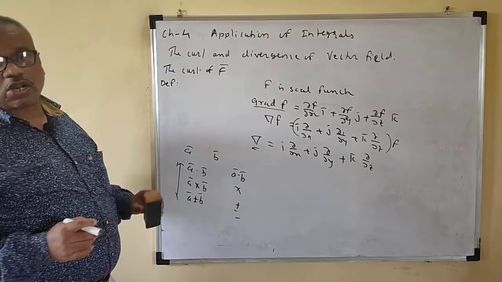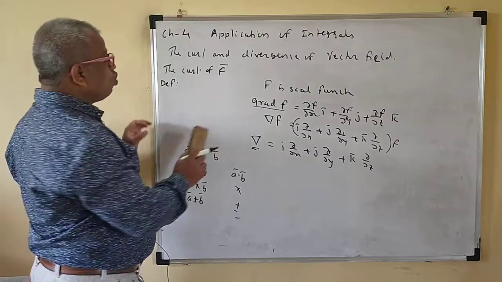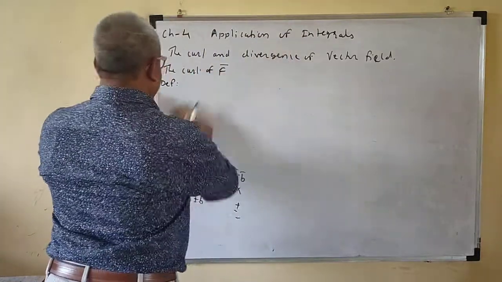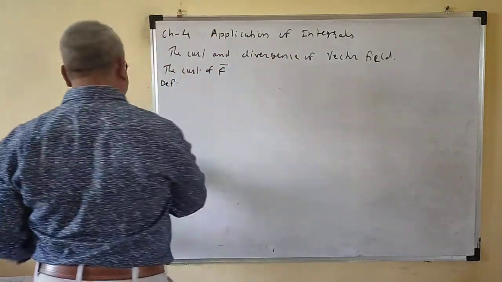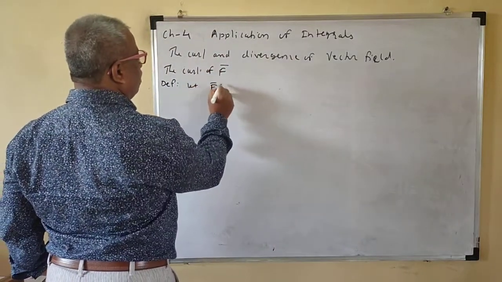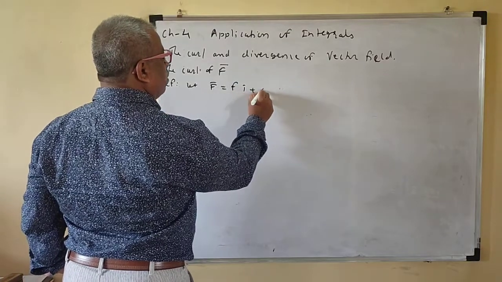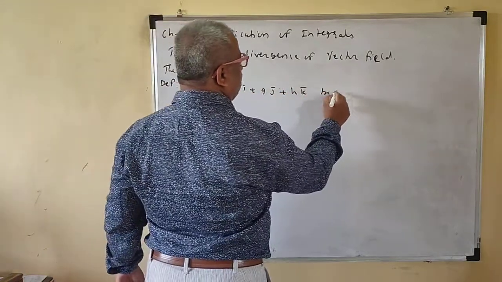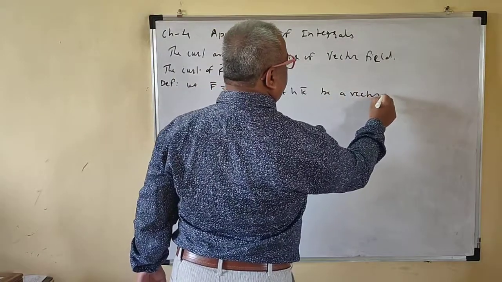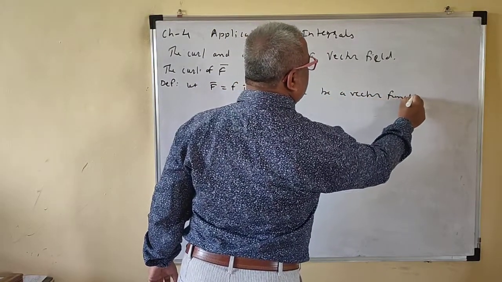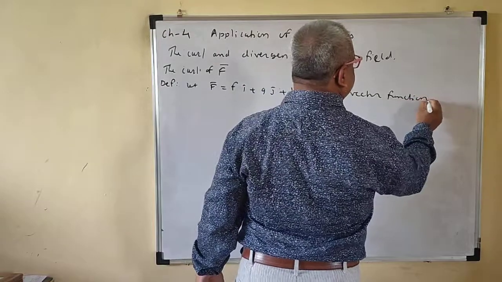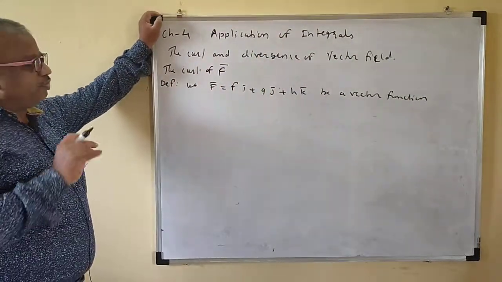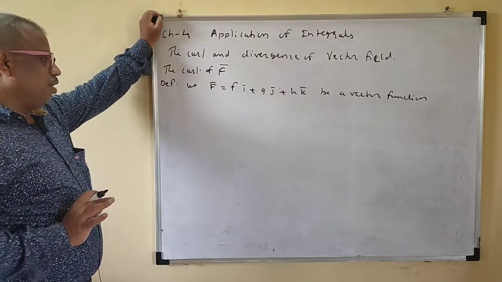You have to take the cross product of the two vectors. So the curl of, suppose f bar is equal to f i bar plus g j bar plus h k bar be a vector function or a vector field. It doesn't matter if you say vector function or vector field.